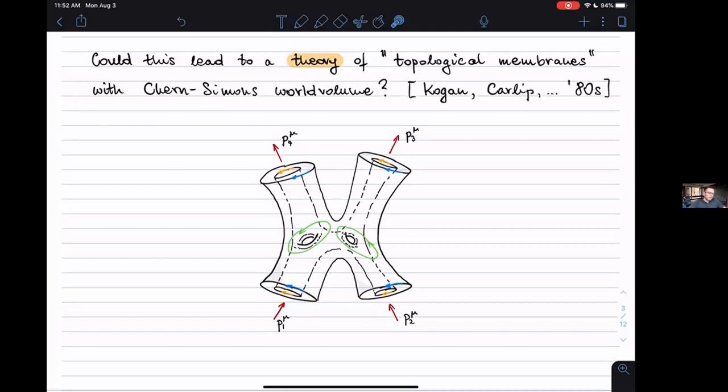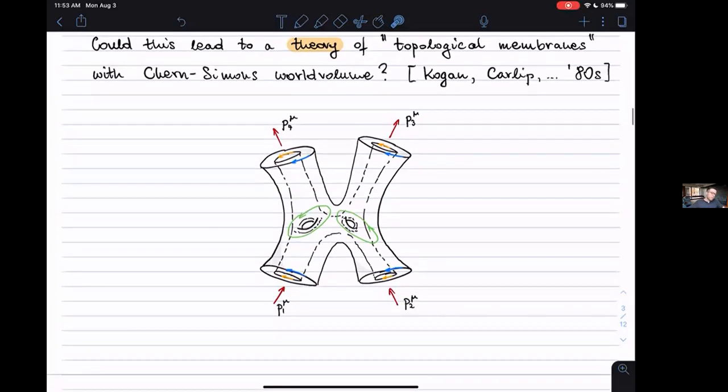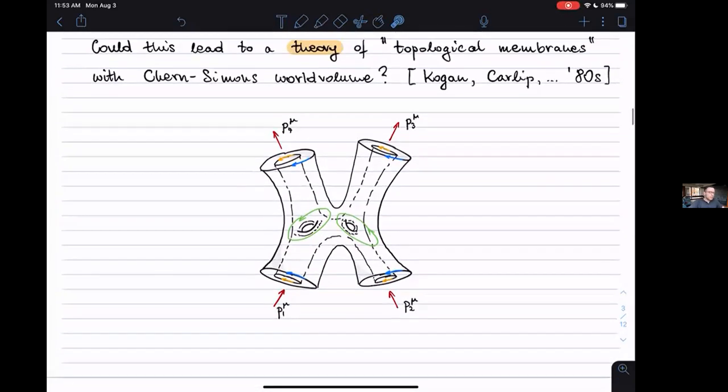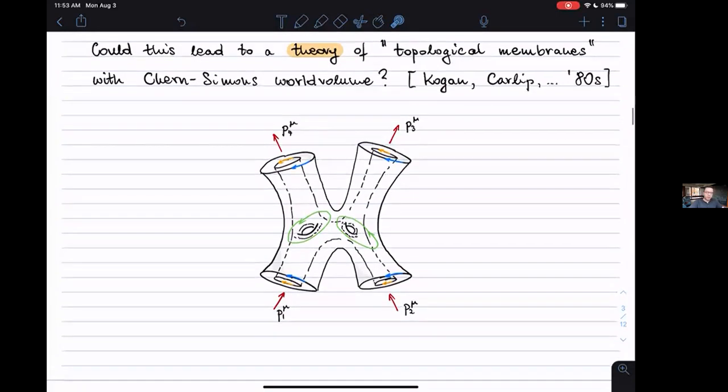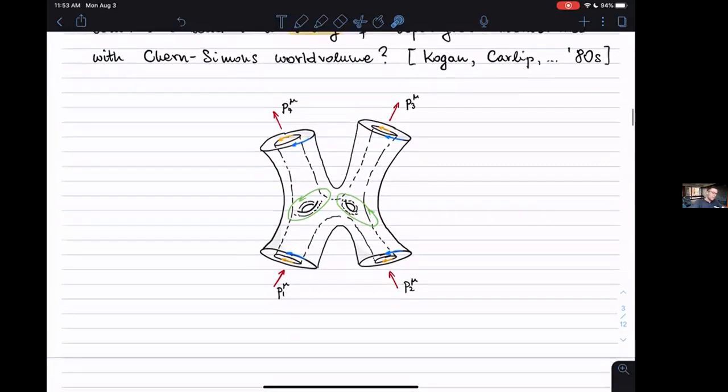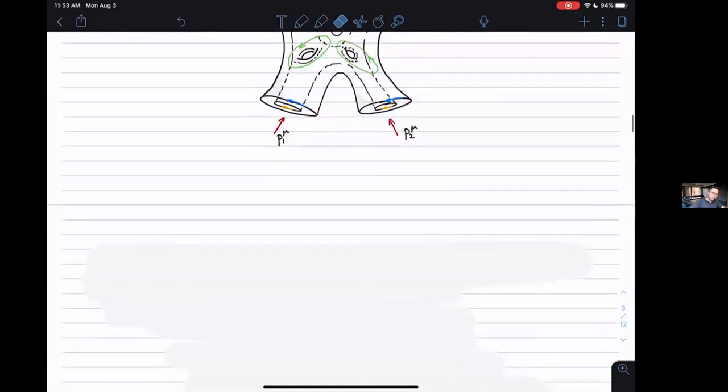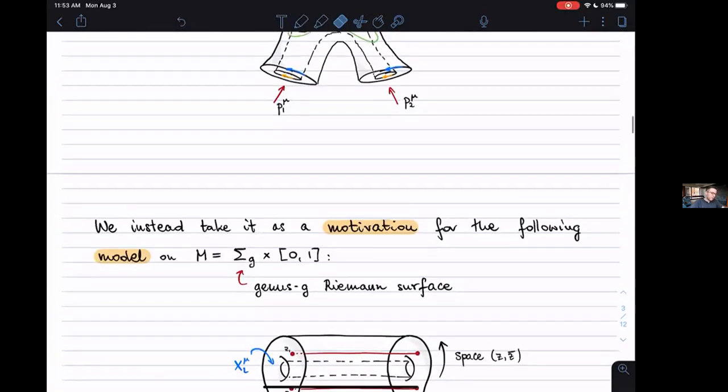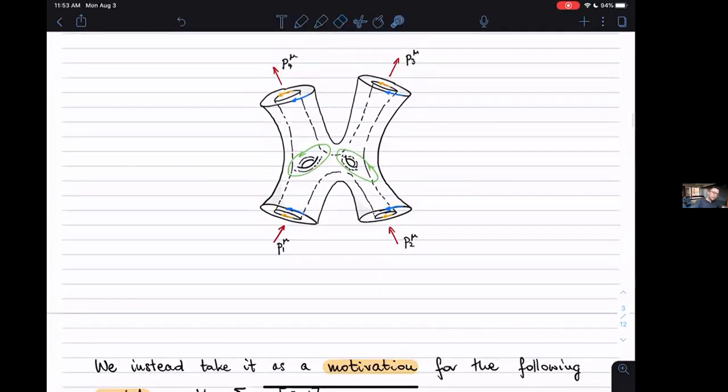Unfortunately, this kind of theory would suffer from a lot of inconsistencies, or would be at least very difficult to calculate. But instead of pursuing this question, we'll just make it a motivation for the following model.